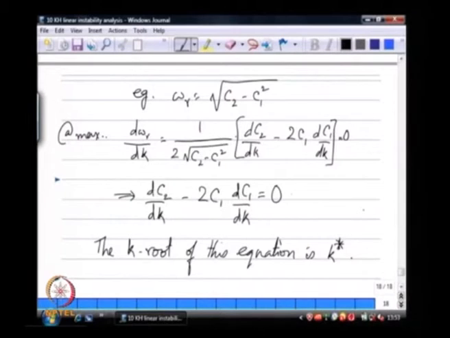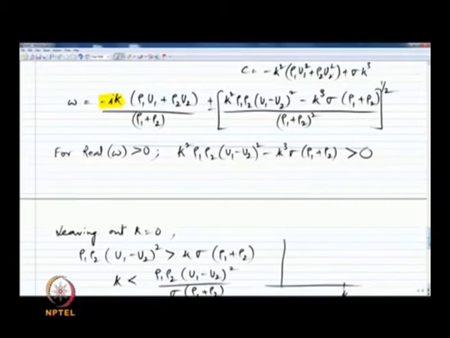Essentially this is the derivative of whatever is under the radical with respect to k, and if you set that equal to 0, that gives you a particular value of k for which the growth rate would be a maximum. When the derivative vanishes is when the growth rate has reached a maximum value in the k space.